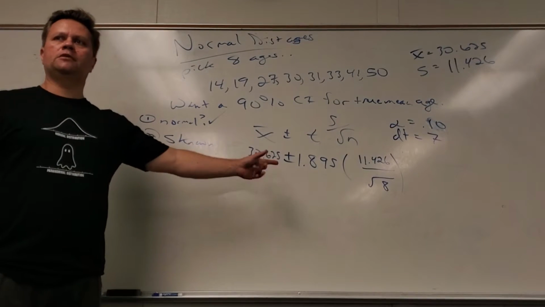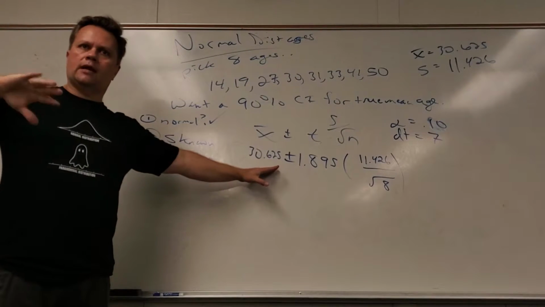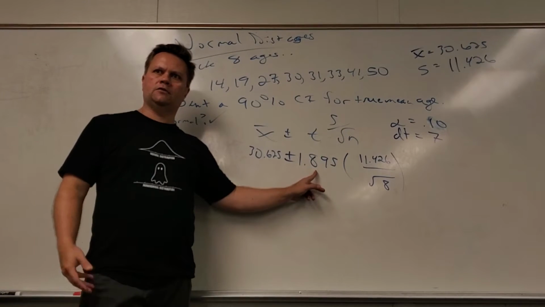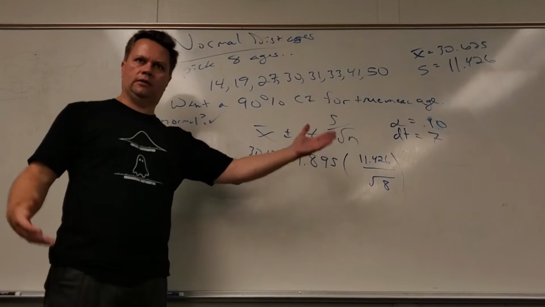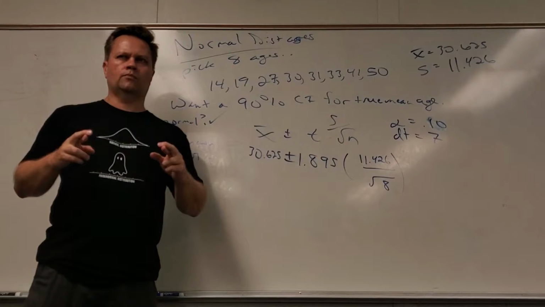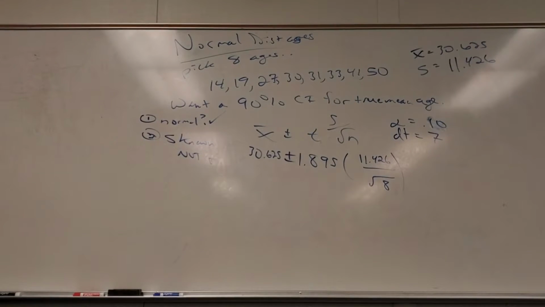And now it's just the same. I really want you guys to see how the formula work is exactly the same as before. I'm just putting a different number here than a Z. I'm not using a Z-score, I'm using a T-score, but who cares? It's basically the same problem. So I got this for my error.